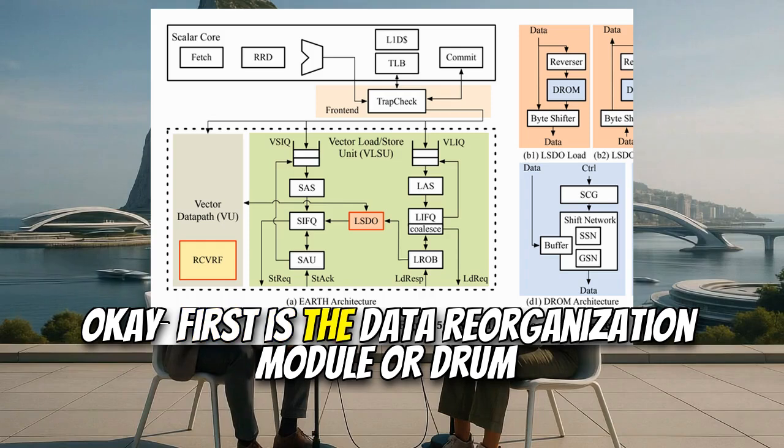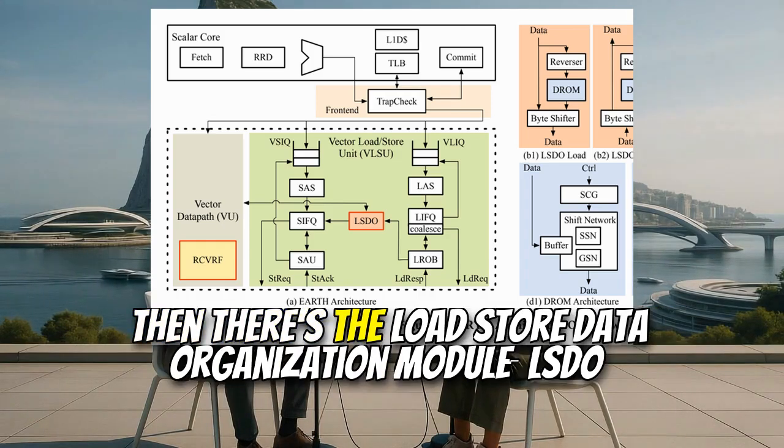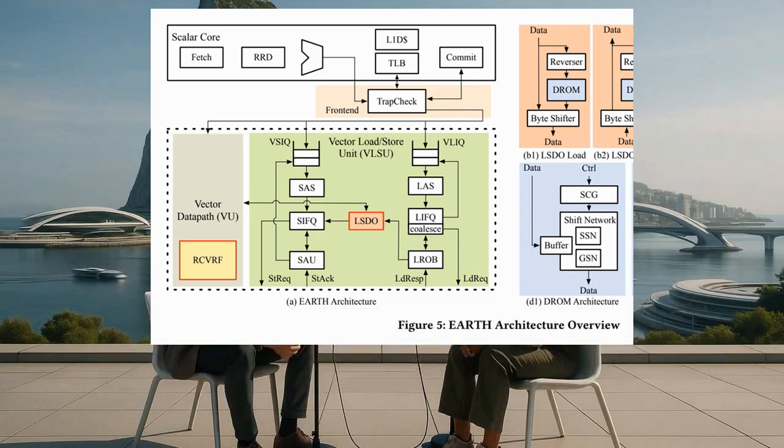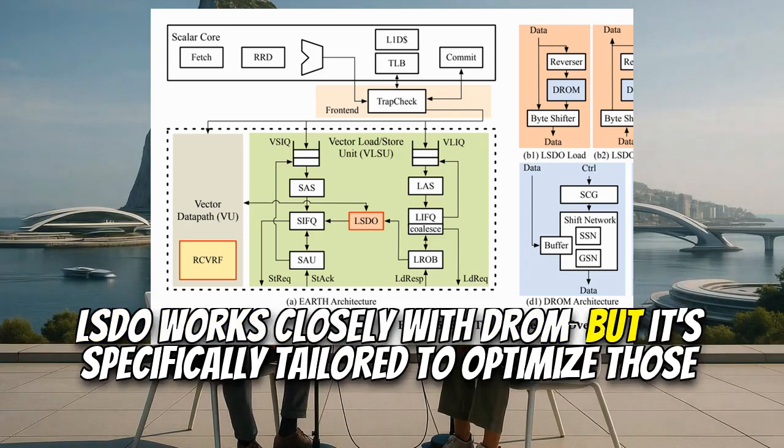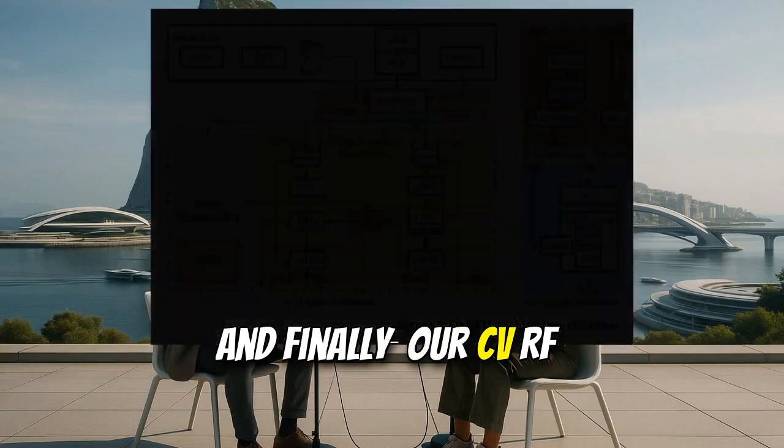Okay, first is the Data Reorganization Module, or DROM. Think of this as the central engine for gather and scatter operations. It's pretty versatile. Then there's the Load Store Data Organization Module, LSDO. Right. LSDO works closely with DROM, but it's specifically tailored to optimize those strided accesses, enabling the coalescing we talked about. And finally, RCVRF.